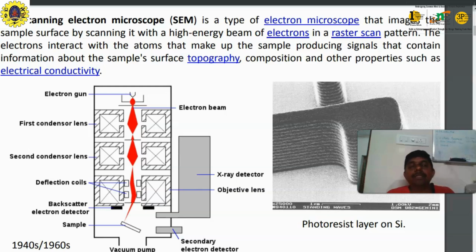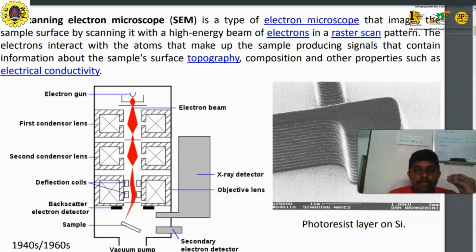Generally this scanning is done through the electron gun. It produces a high intensity electron beam which strikes the condenser lens. This condenser lens absorbs the rays and tries to converge the deviated rays into a convergent one.